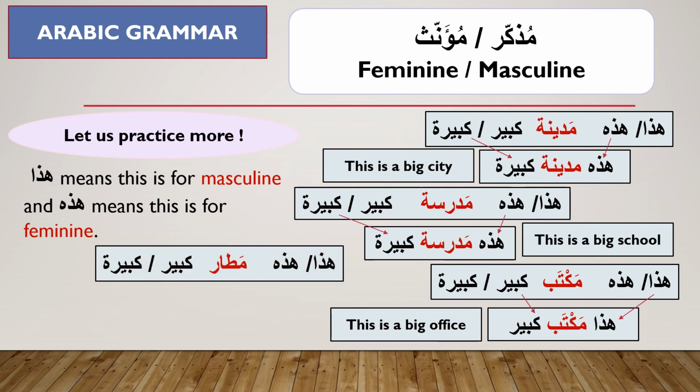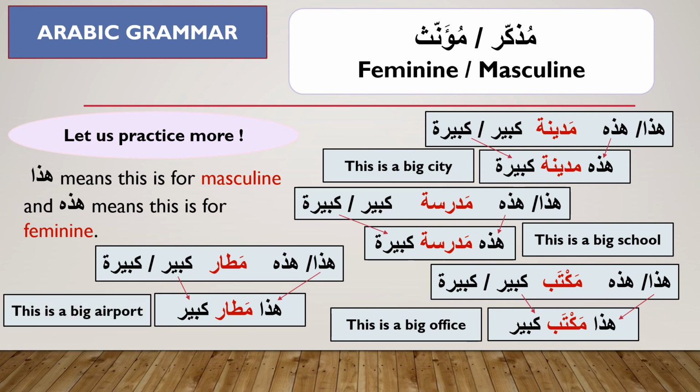Look at the word مطار, which means airport. Of course, it's a masculine noun because it's missing the ta marbuta. So we choose هذا مطار كبير. This is a big airport.